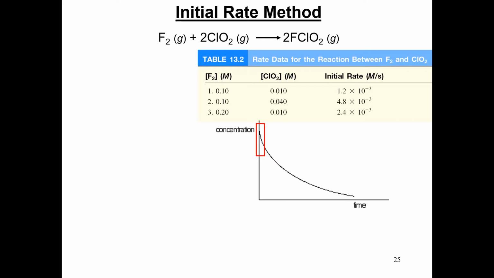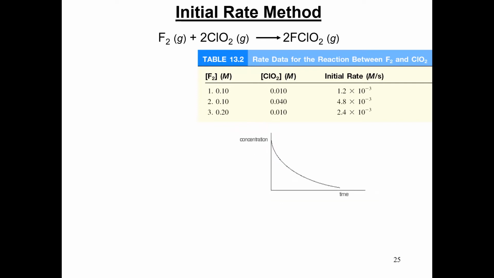That is why, taking advantage of this near linearity of the initial stage of the reaction, we typically look at what we call the initial rate, and that is what you can see here in this table. They have measured the initial rate at different initial concentrations of each one of the two reactants.